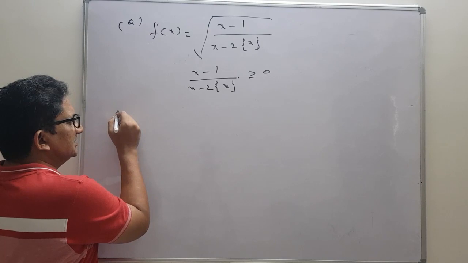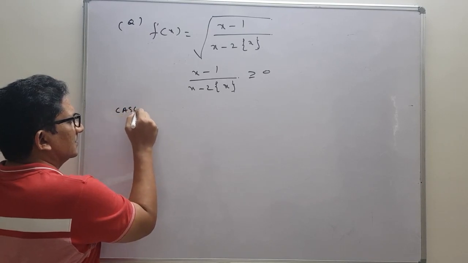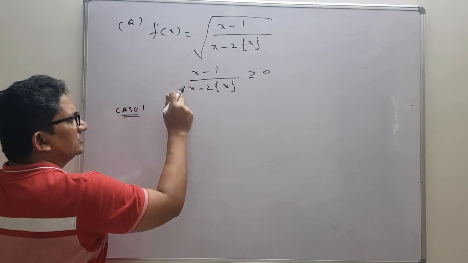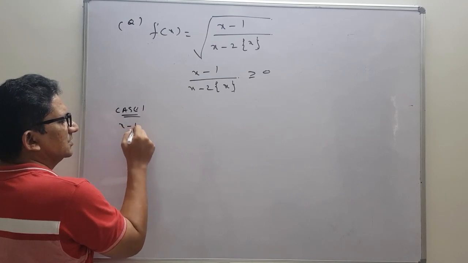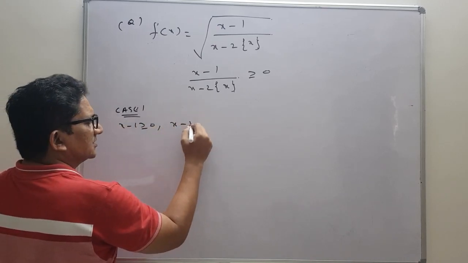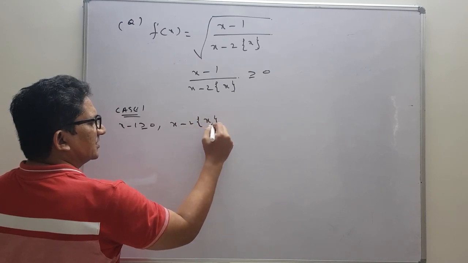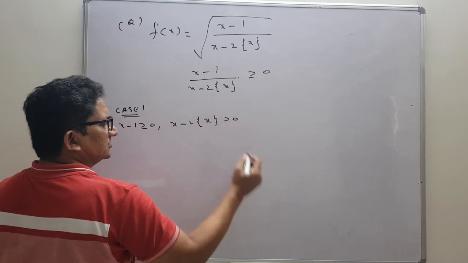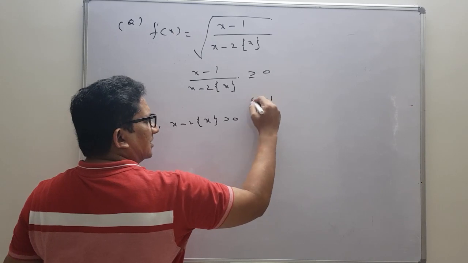The first case is when both of these two are positive. That is, x minus 1 is greater than or equal to 0, and x minus 2 times the fractional part of x should be greater than 0. Or another case.